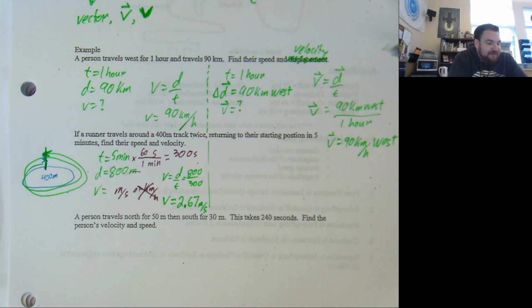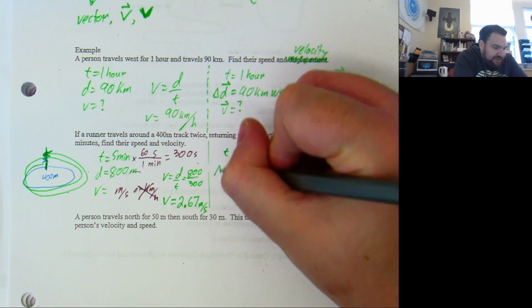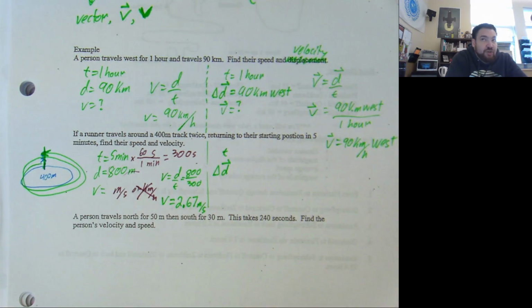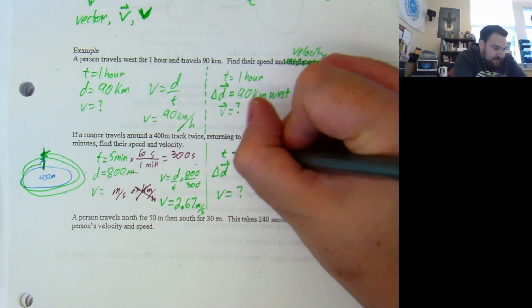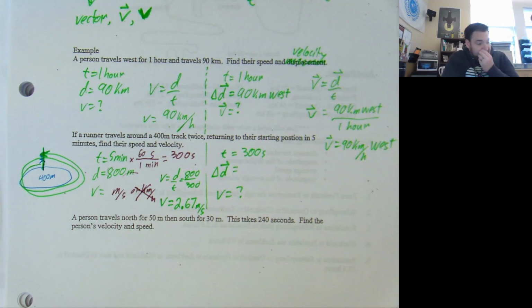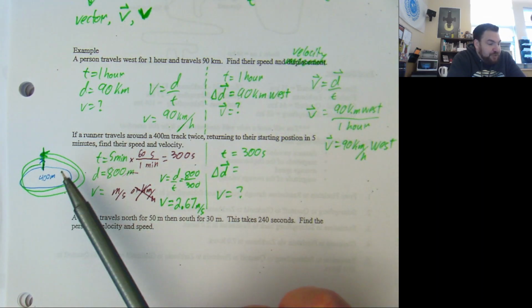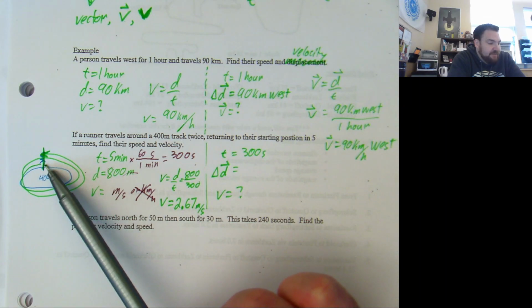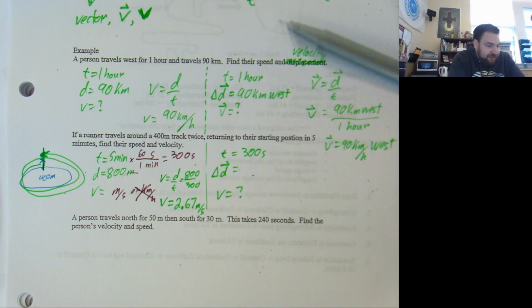Now if I want to find velocity, velocity is a little different because it uses displacement, which is a change in your position. We're going to use the same time, 300 seconds. But what's the displacement now? If our runner returned to the same spot, our displacement is going to be 0.